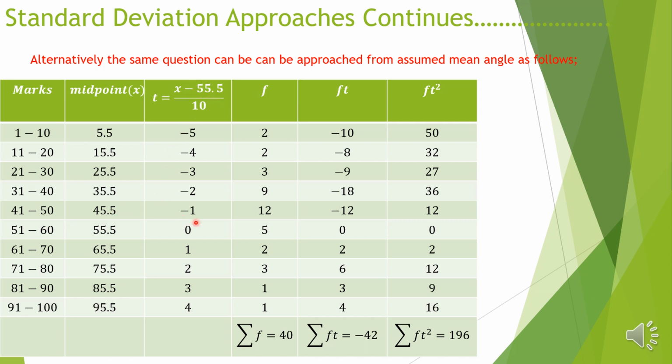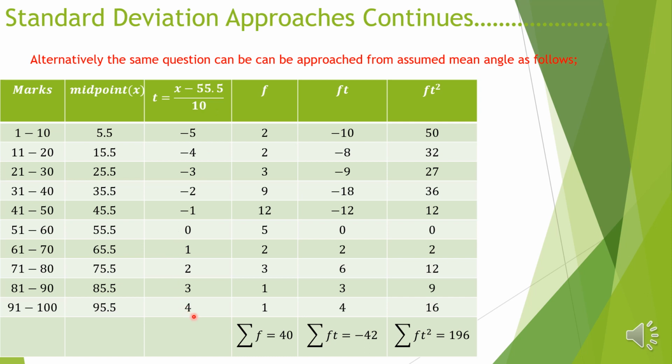Then 55.5 minus 55.5 over 10, 0. 65.5 minus 55.5 divided by 10, you'll get 1. 75.5 minus 55.5 divided by 10, 2. Second last is 85.5 minus 55.5 by 10, 3. Lastly, 95.5 minus 55.5 divided by 10, you're getting 4.